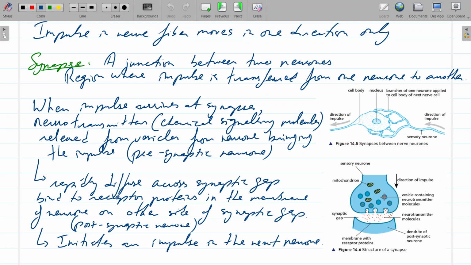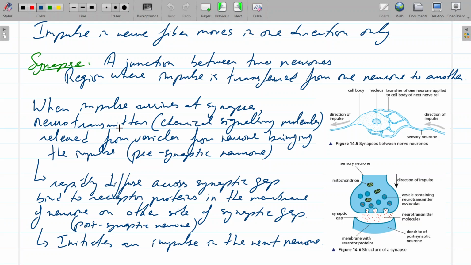Because the vesicles that contain the neurotransmitter are only found in the presynaptic neuron, and the receptors for the neurotransmitters are only found in the postsynaptic neuron. So only the presynaptic neuron can release the neurotransmitter. Only the postsynaptic neuron can receive the neurotransmitter. And so the direction of impulse will only be one way. It will never go the other way.